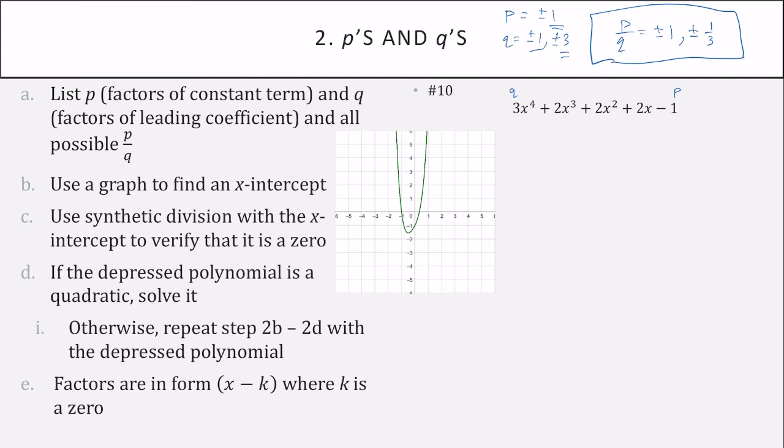Looking at a graph, if you have a graphing calculator or a provided graph like I did here, we look for an x-intercept, and I see 1 right there. Is that on my list of the p's divided by q's? It's a negative 1. Sure, negative 1's right there. So we're going to do synthetic division with that negative 1.